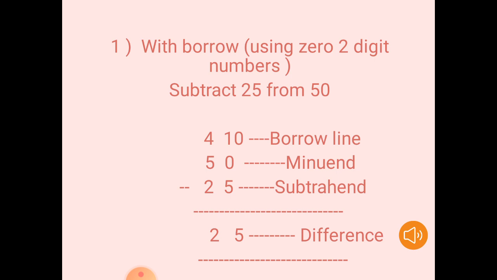Now I can subtract 5 from 10. So 10 minus 5 remains 5. Next, going to the tens place, 4 tenths minus 2 tenths, so 2 tenths remains, or I can say 4 minus 2 is equal to 2. So the difference between 50 and 25 is 25.